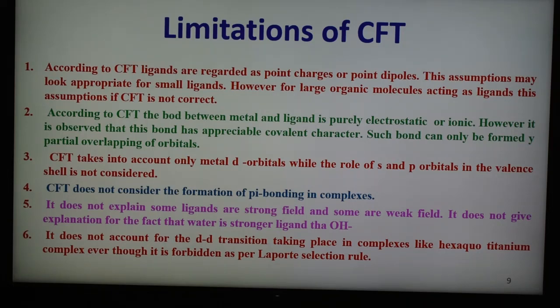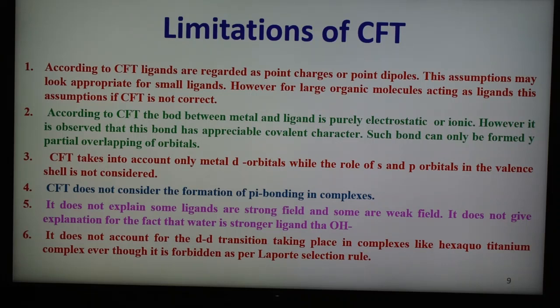And next, it does not account for the d-d transition taking place in the complex. As we know from the electronic spectra of complexes, the d-d transitions explain the color of transition metal complexes. But for complexes like hexaaquatitanium 3 plus, the transition is forbidden as per the Laporte selection rule, and CFT does not account for the d-d transition.